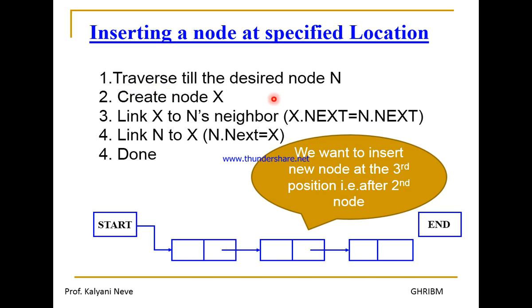First, traverse till the desired node x, create node n, link n to x's neighbor, link x to n. Now this is a linked list and we have to insert the new node at the third position, that is after the second node, meaning after this node we want to insert the new node here.